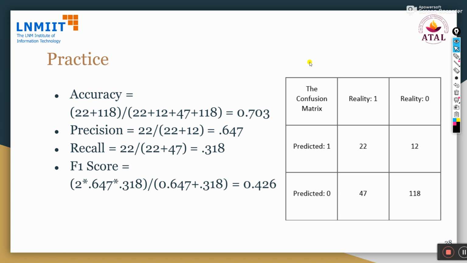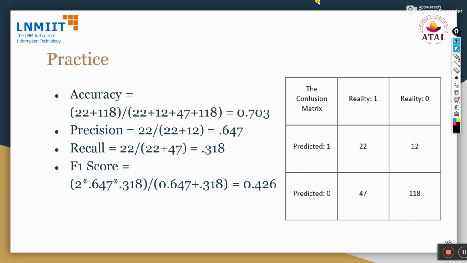So 2 asterisk 0.647 multiplied by 0.318 upon 0.647 plus 0.318 is equal to 0.426.